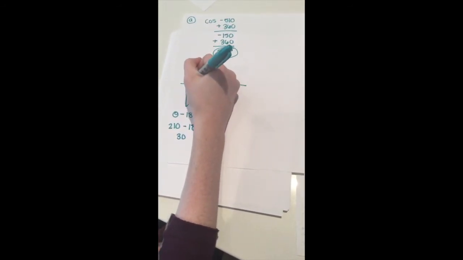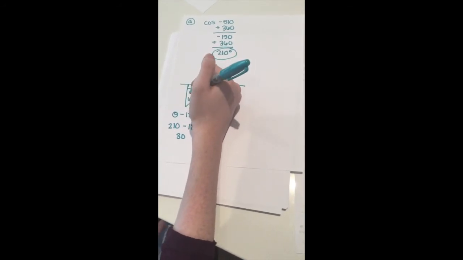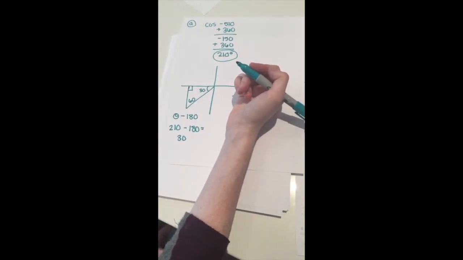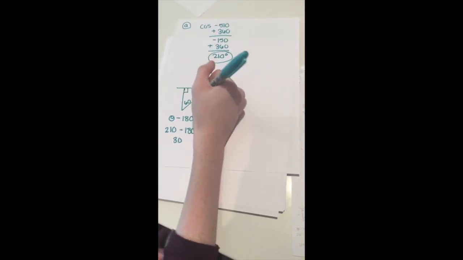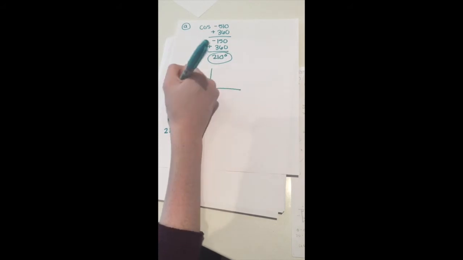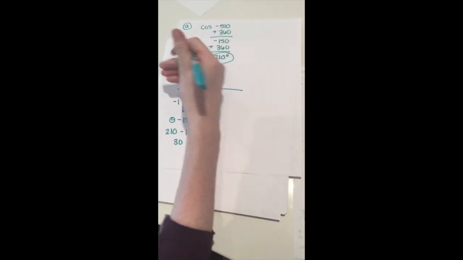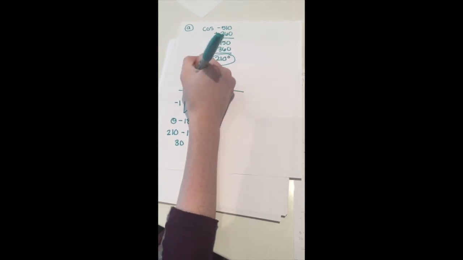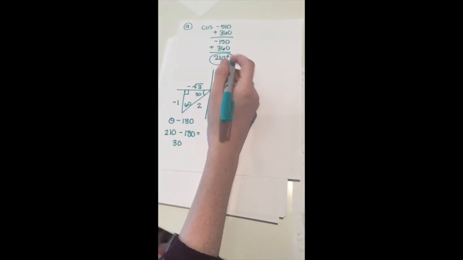Because we know that this is a right angle, this also has to be 60. So we know that this is a 30, 60, 90 triangle. So we know that here is 2. This is negative 1 because it's on the negative y-axis. And that this is negative radical 3 because it's on the negative side of the x-axis.